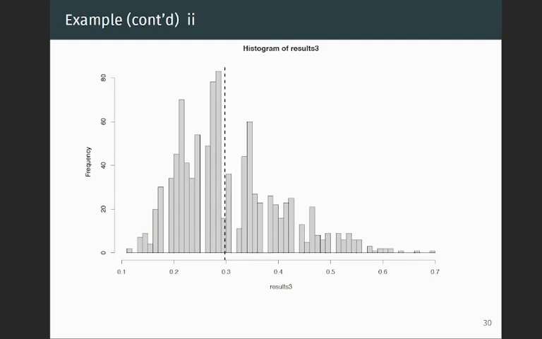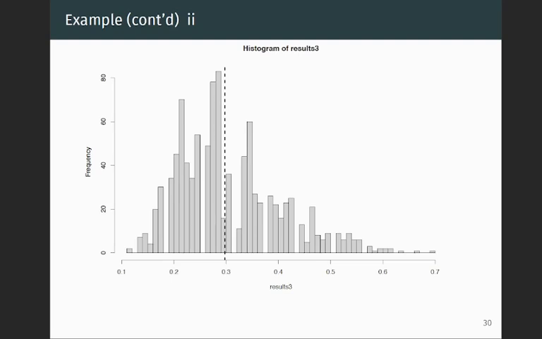And now you can see that we want to look at all of the permuted estimates that are greater than or equal to the vertical line. For this particular test, there's no real way of defining a two-sided p-value, right?